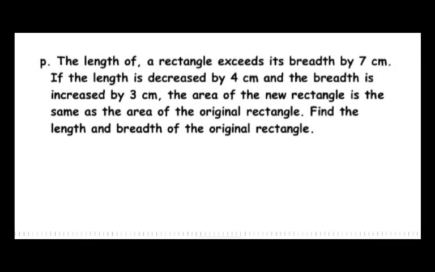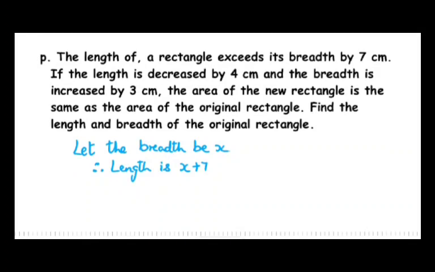Our next sum says the length of a rectangle exceeds its breadth by 7 centimeters. So again, whatever is smaller, we write it down as x. Let the breadth be x, and the length exceeds it by 7. So therefore length is x plus 7, correct?